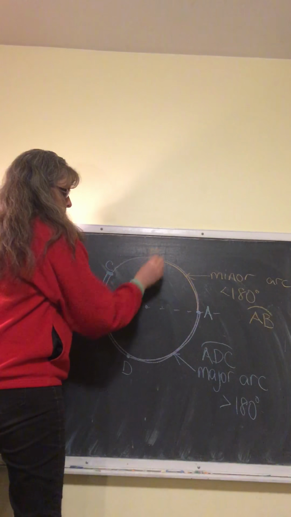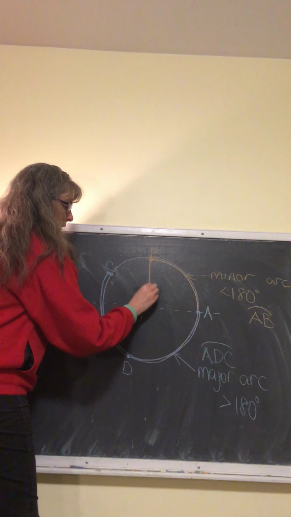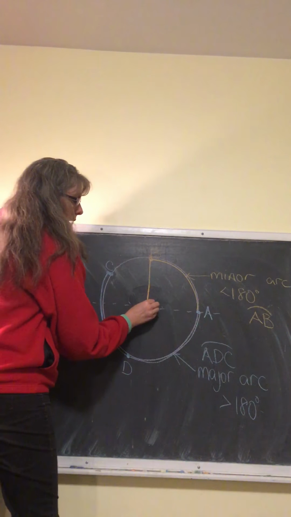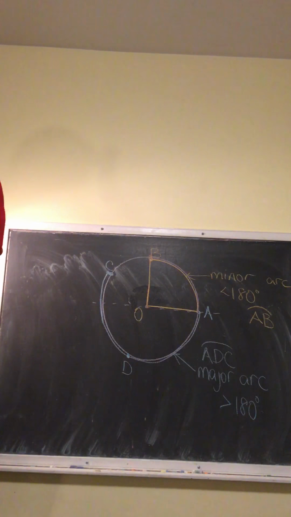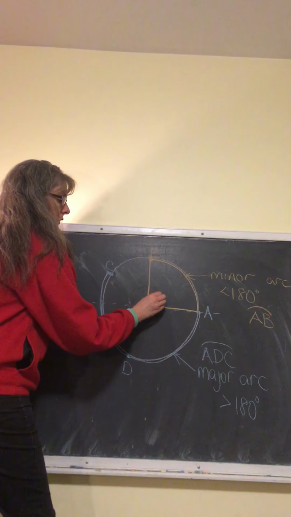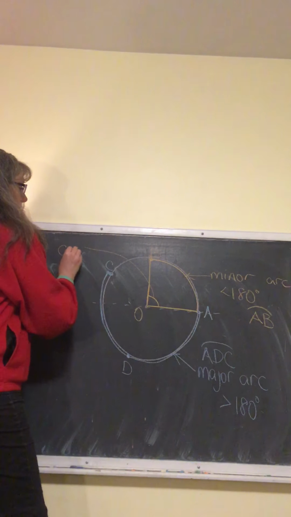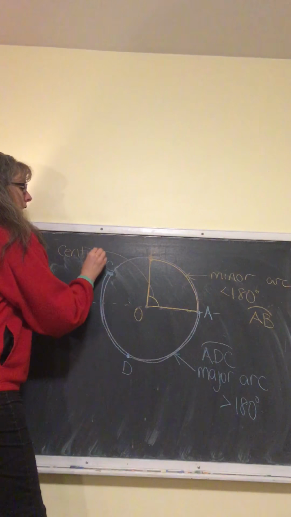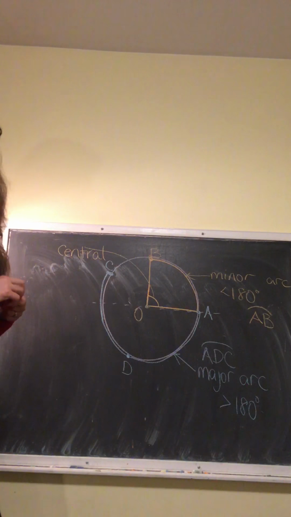And I'm going to draw, we'll call this circle O, radius OB and radius OA. This angle here at O is called a central angle. A central angle has its vertex at the center of the circle. That's how it got its name.